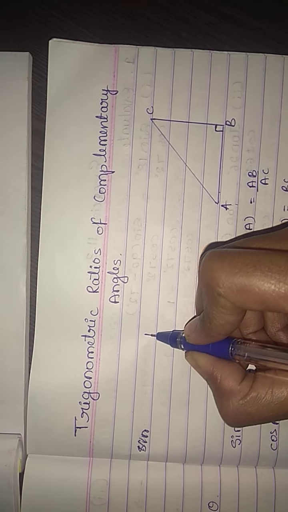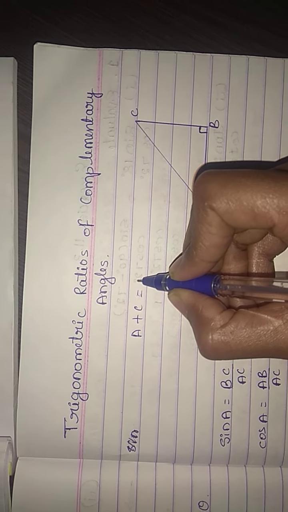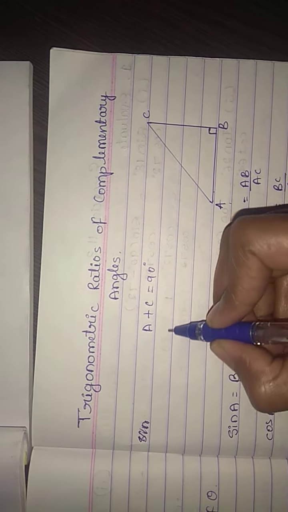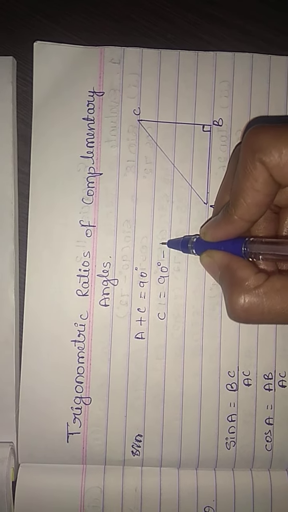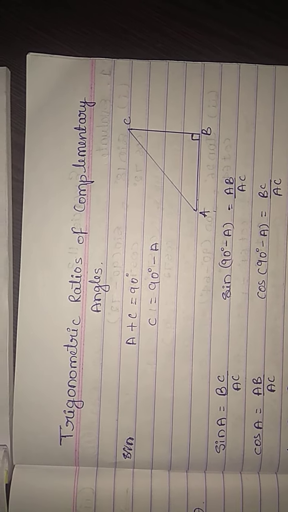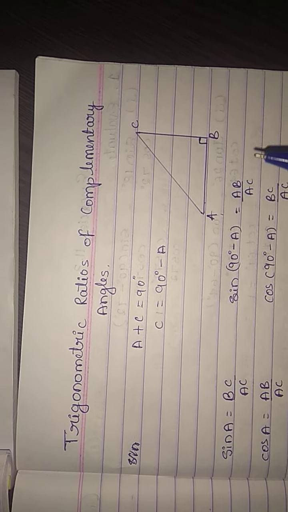So, angle A plus angle C is equal to 90 degrees. Yes or no? We can also write C is equal to 90 degrees minus A.